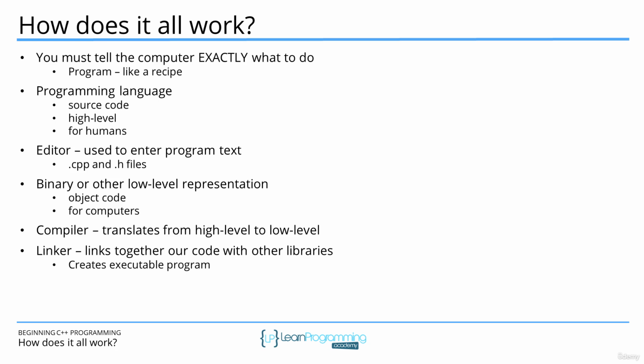So, a program called a linker takes our object code and the object code that exists out there in the form of libraries and links it all together to form an executable program. That is a program that we can now run that follows the recipe we told the computer to do using C++. Now that our program is complete, we test it to find as many errors as possible, and we debug it to eliminate those errors.